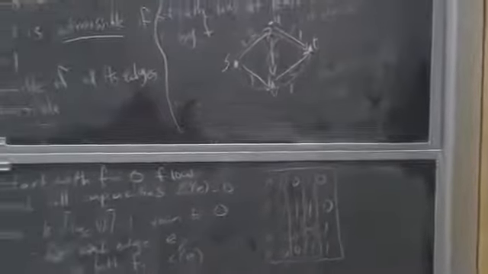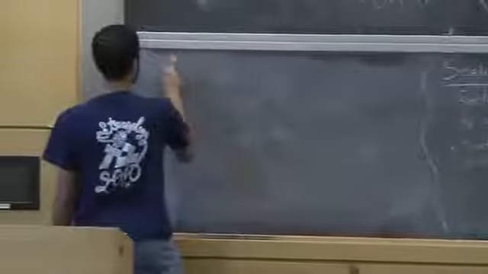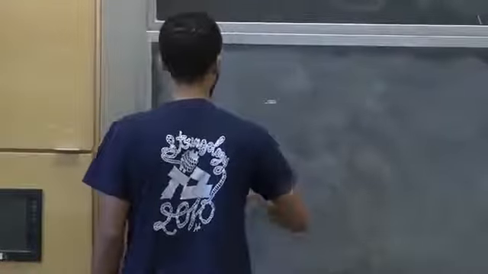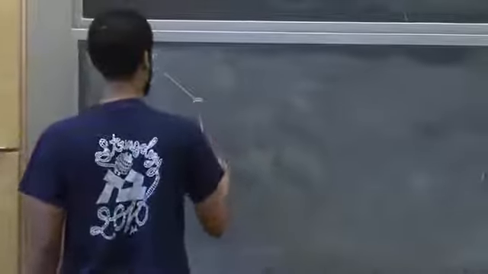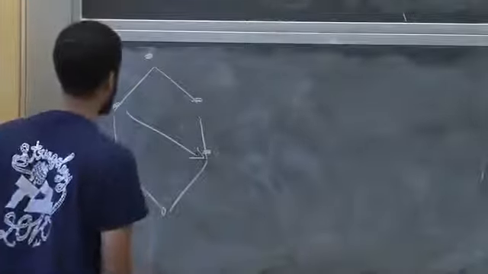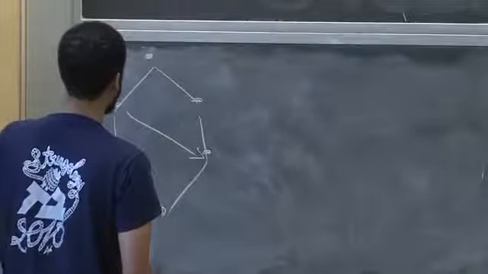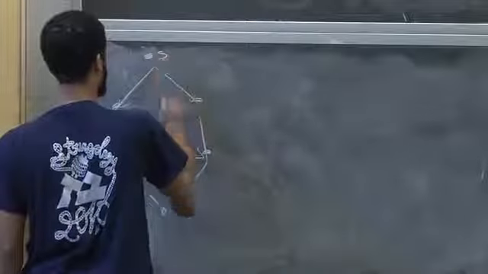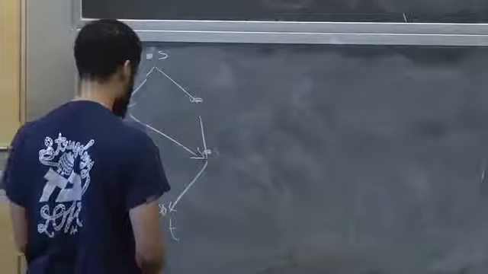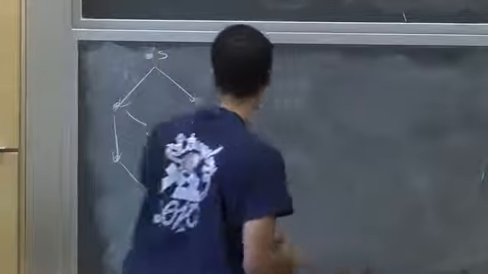So if I just change the graph slightly, let's say that. Right, so let's make all these unit capacities. Then this flow is a blocking flow.